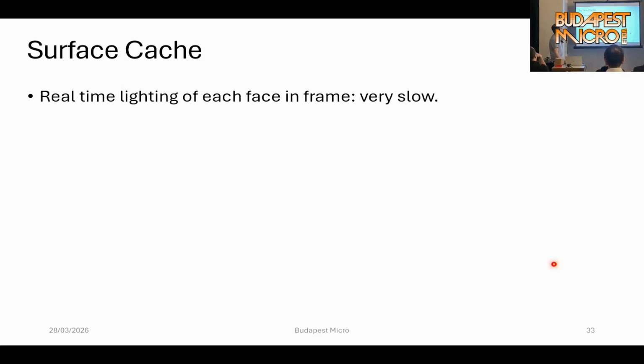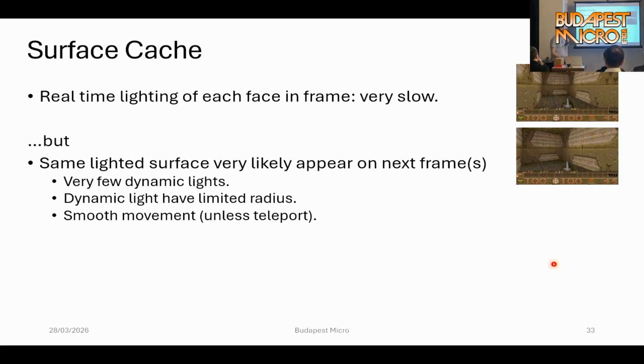However, real-time lighting of each frame is very slow, so Carmack got an idea: have a cache, because the same surface is very likely to appear on next frames, because you turn very slowly, you have smooth movements.